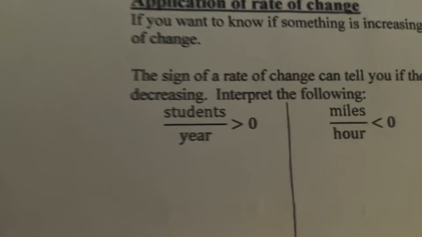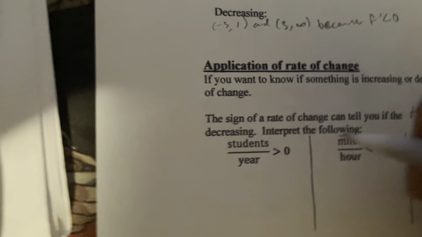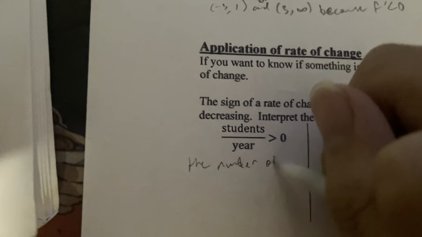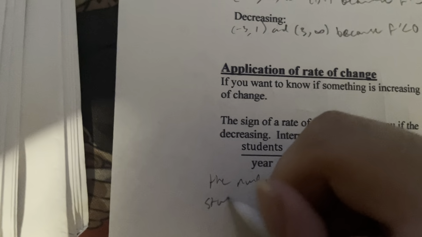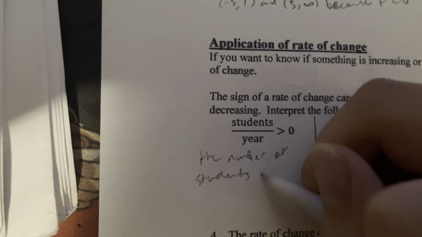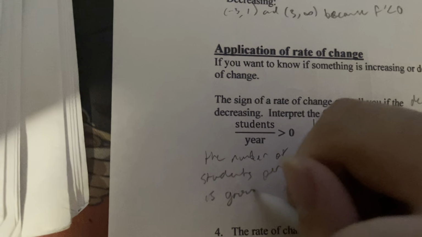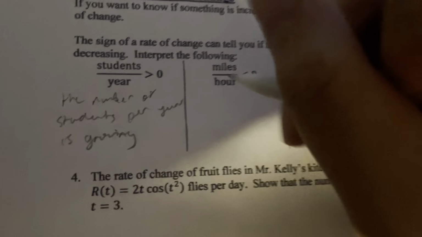So students per year is greater than 0. This means that the number of students per year is growing. Same thing over here, since it's less than 0, that means it's decreasing.